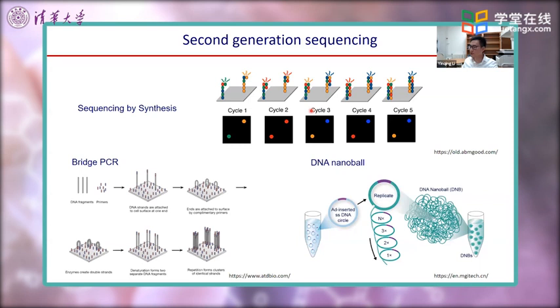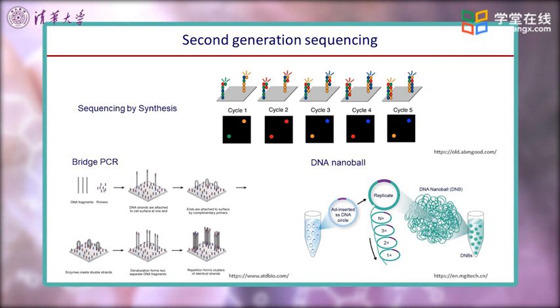In practical equipment, a single fragment is amplified to a cluster before it is sequenced. So here I will introduce two ways that are implemented in commercial solutions. One is implemented by Illumina. This method is called bridge PCR.